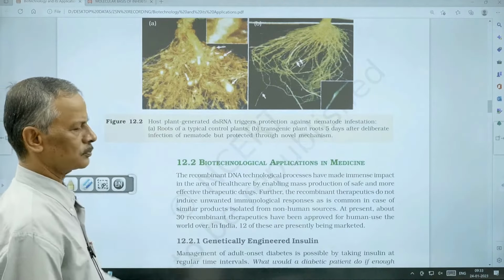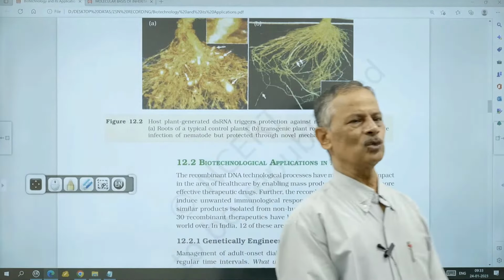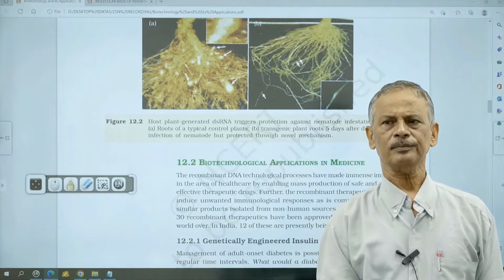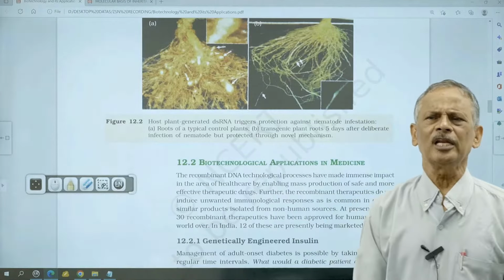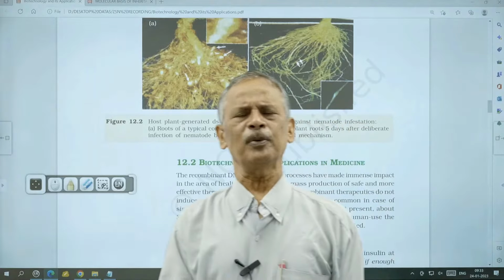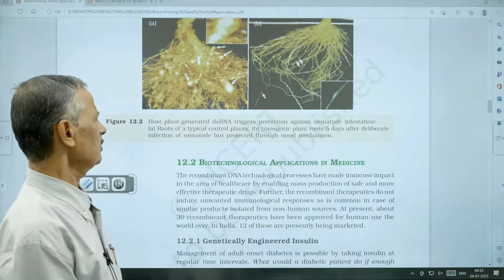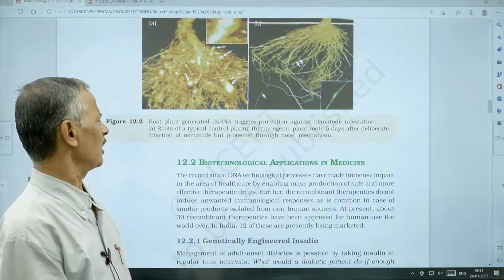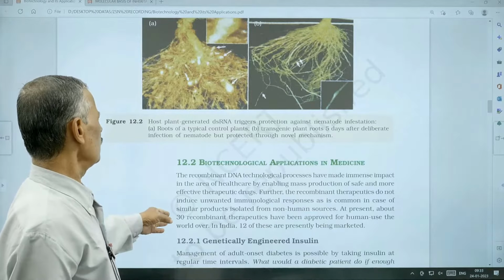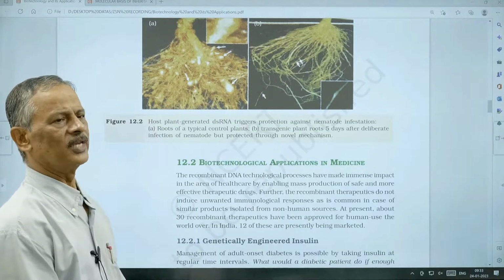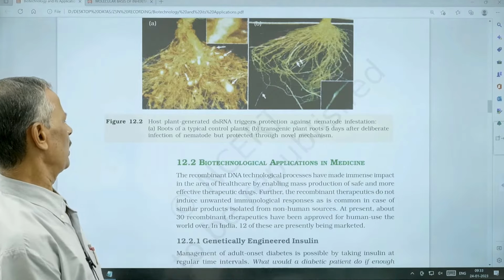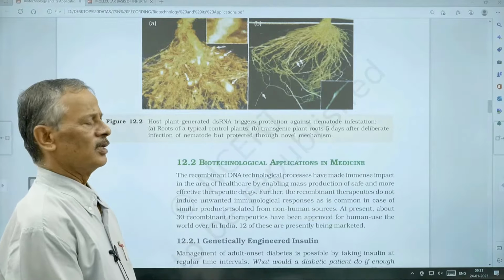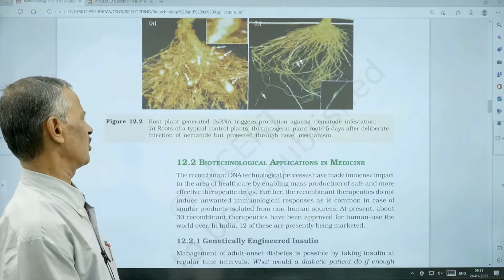Now, next to agriculture, human health is important. And we are all trying to produce so many different types of therapeutics, medicines, which are all highly important for our diagnosis and treatment. So, safe and effective therapeutic drugs is one of the prime concerns of human beings always. And insulin production is a classical example.